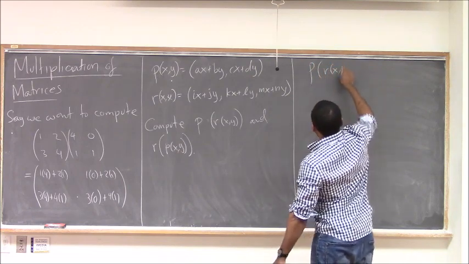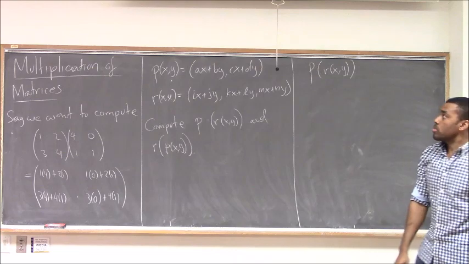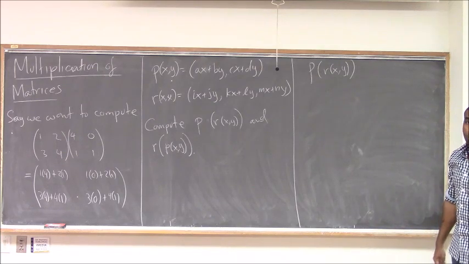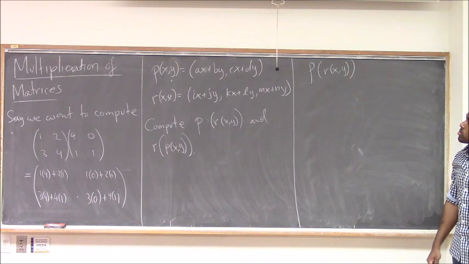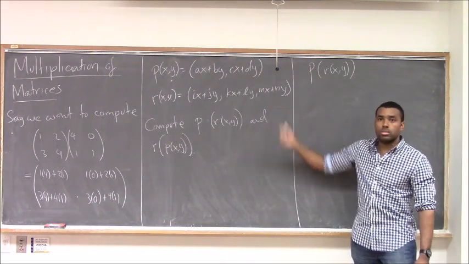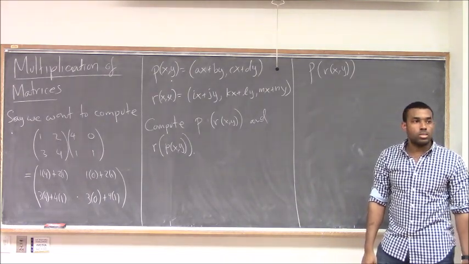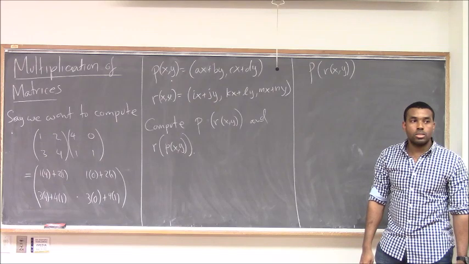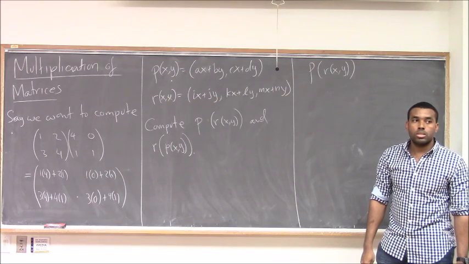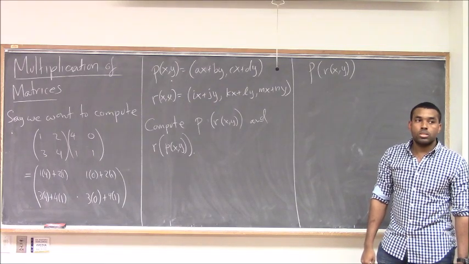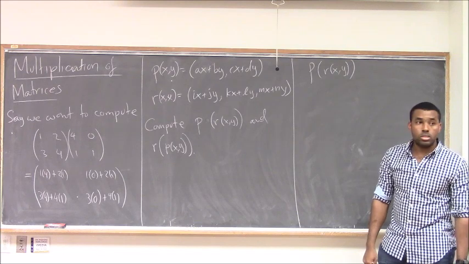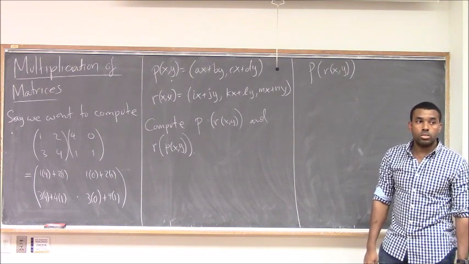Well, that first one, that is ax plus by, the x is ix plus jy, and the y is kx plus ly? And what is this? There's no z listed, so you don't worry about it. You put p bracket and put r of xy inside the bracket.